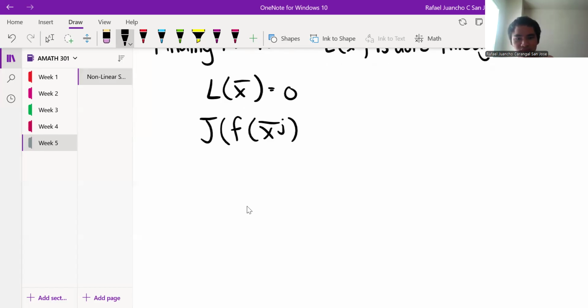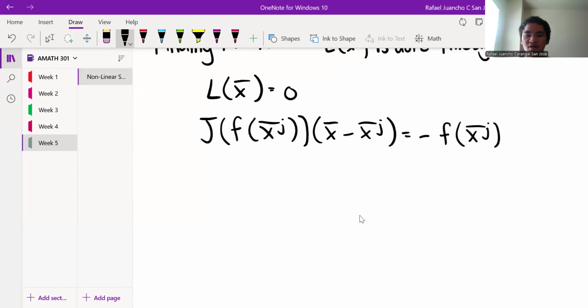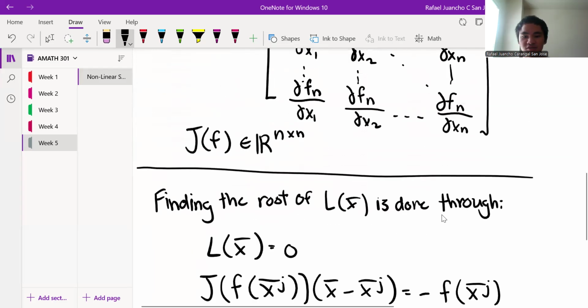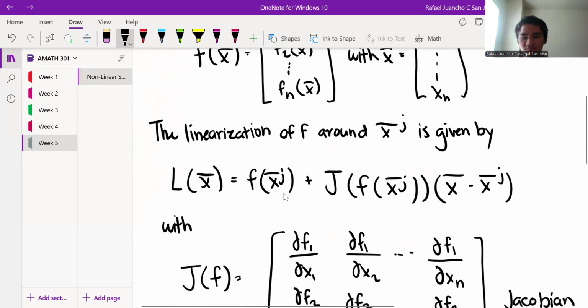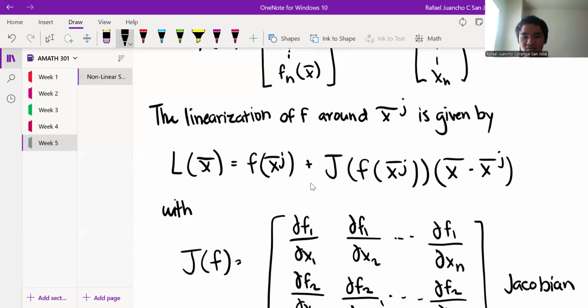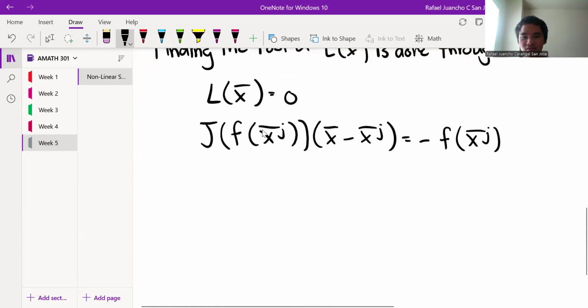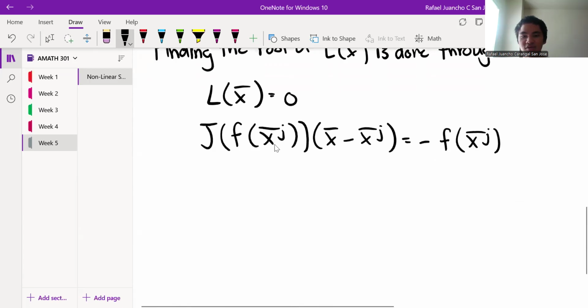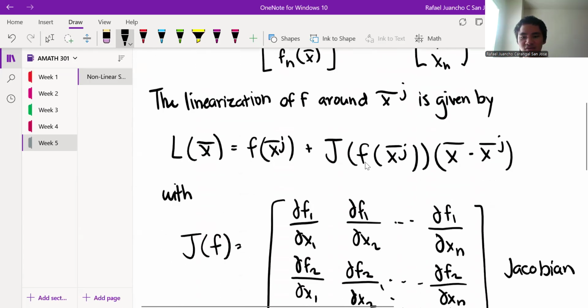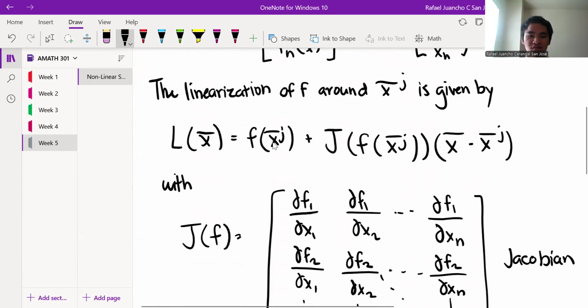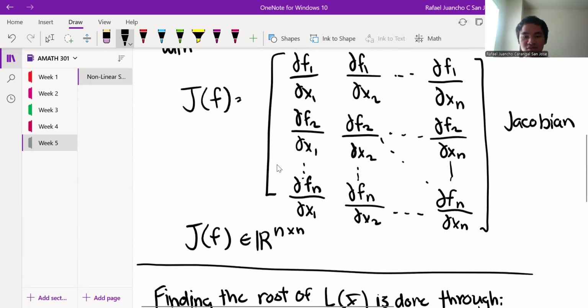And then, okay, here we're just plugging in what we do know. And this is equal to negative, right? How do we know it's negative? We basically just use this one. So minus f of this, right? That's how we were able to derive that thing. So here, this is equal to negative of this. This is basically equal to 0.